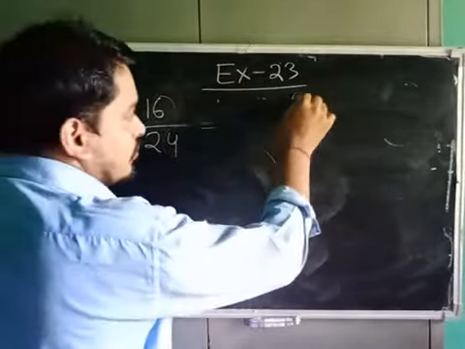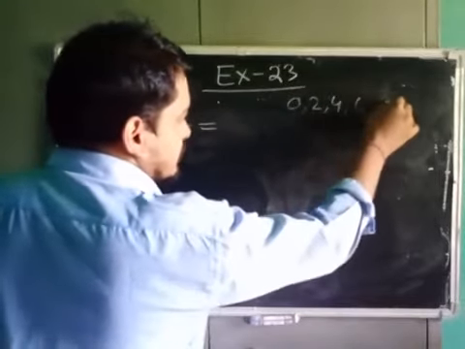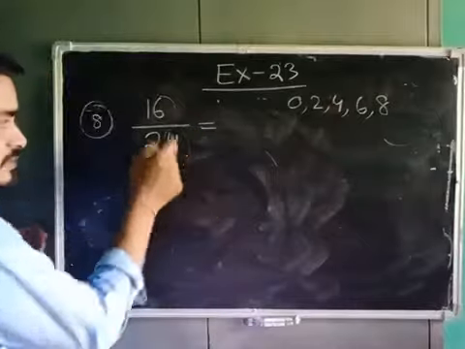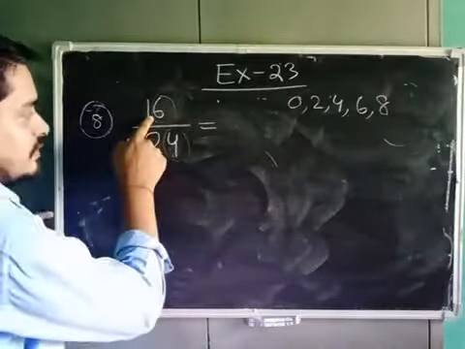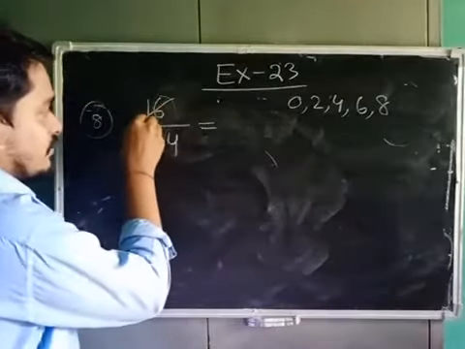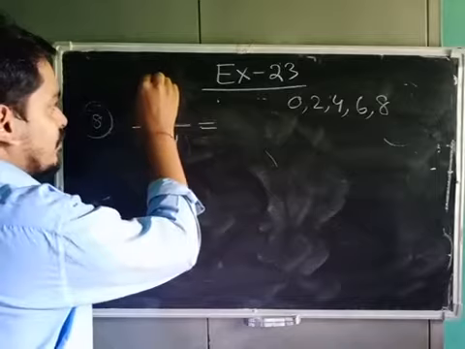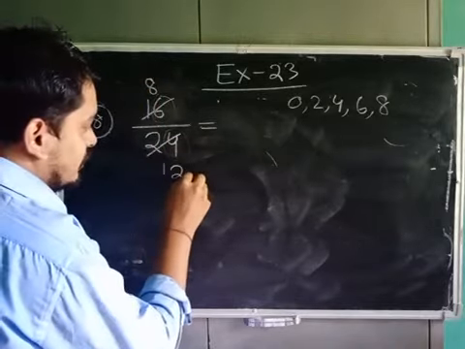If you have 0, 2, 4, 6 or 8 in the last place, then we can divide the number by 2. So this can be divided by 2, this can be divided by 2. If I divide by 2, what will we get? 2 8s are 16 and 2 12s are 24.